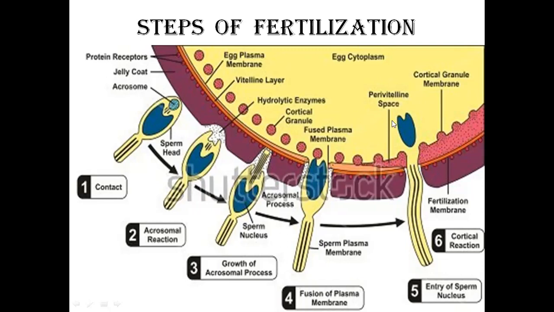Okay, and as soon as the sperm membrane fuses, changes occur. One is that due to the calcium entry, there is transient change in the membrane polarity or the membrane potential, and that leads to the entry of calcium, which causes the cortical granules to degranulate and fuse with each other.